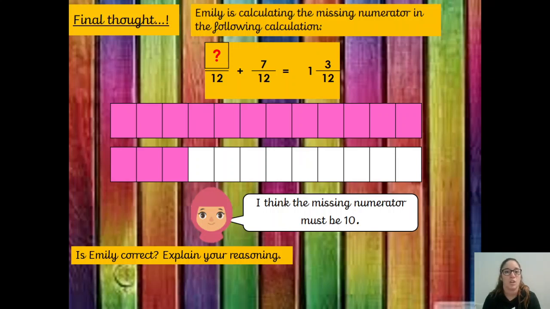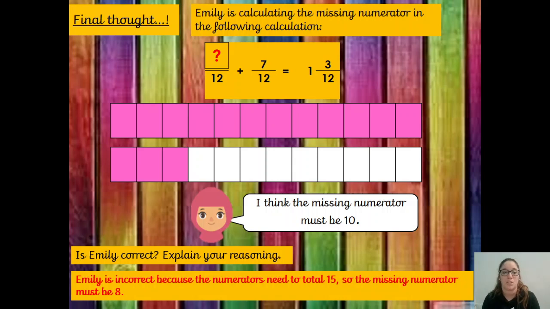So what should the answer be? It should, of course, be a total of 15. So the missing numerator must be 8. 8 twelfths add 7 twelfths equals 1 and 3 twelfths, or 15 twelfths. Well done if you got that right.